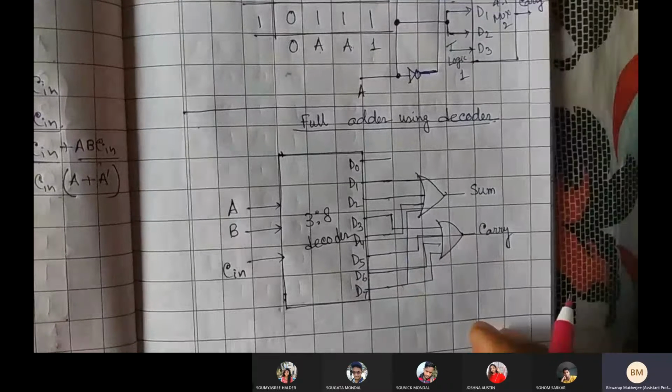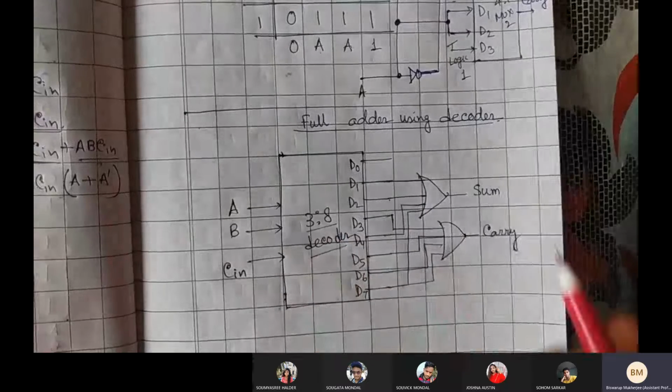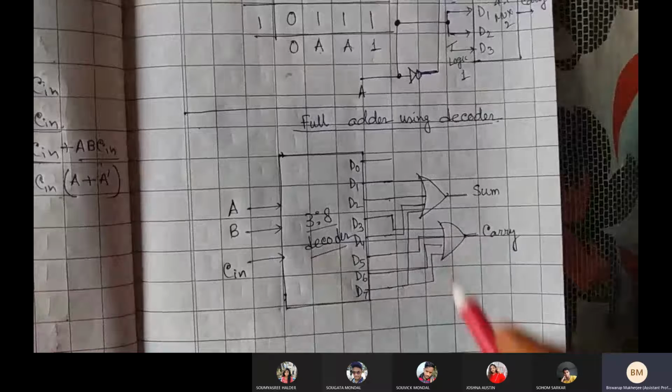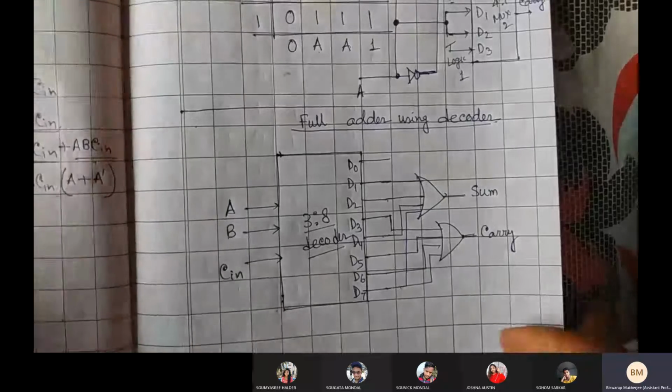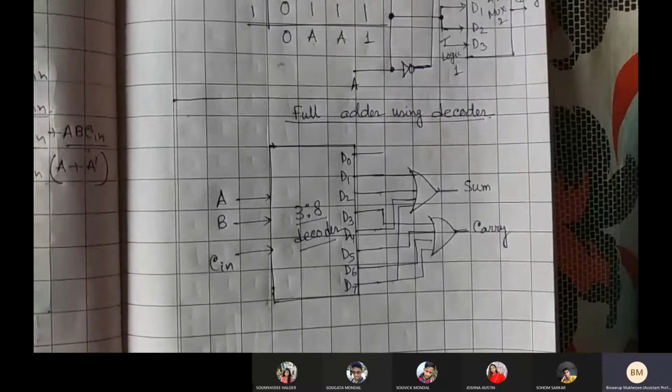So here only one 3:8 decoder is enough to provide sum as well as carry, but obviously 2 separate OR gates are required. But if we are using a multiplexer, then we require 2 separate multiplexers because a multiplexer has only one output. So one multiplexer for sum, another for carry. Okay. Is that clear? This part, full adder using decoder.